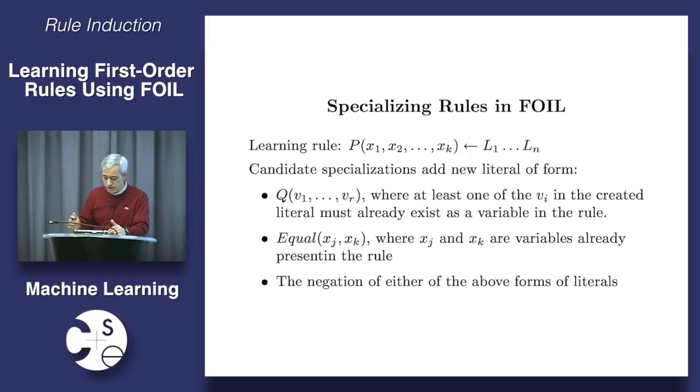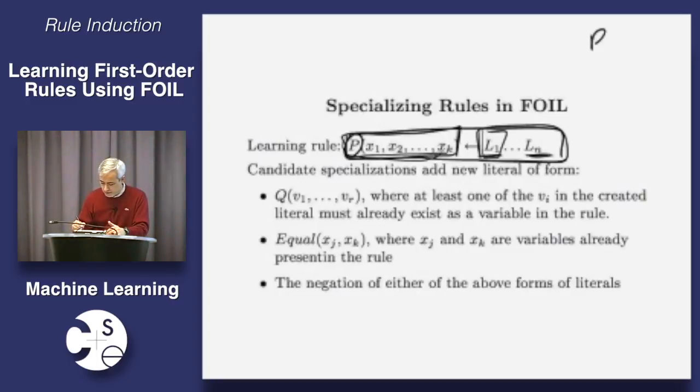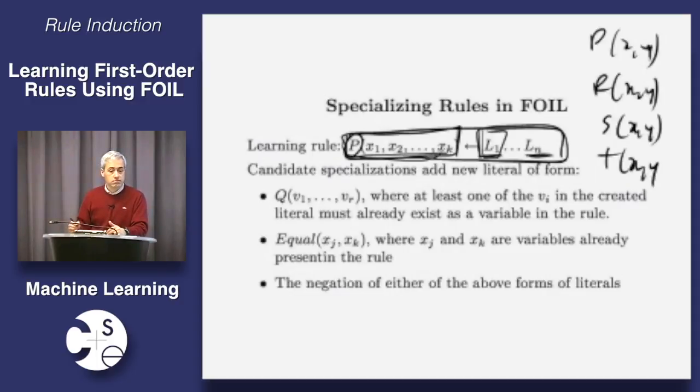Let's suppose, for example, that in my database, I'm trying to predict P(x, y), and I also have R(x, y), S(x, y), and T(x, y). So my database consists of 4 binary relations. Again, they could have many arguments, but for simplicity, they just have 2. And I'm trying to learn to predict P as a function of R, S, and T. So let's say that in my rule, I already have something very trivial, P(x, y) if R(x, y). What can I add now?